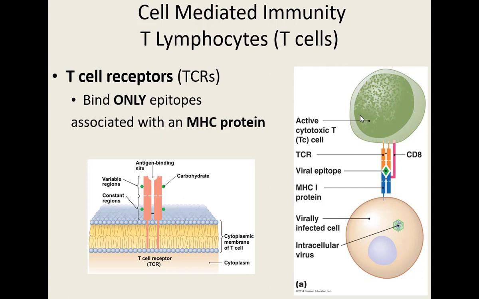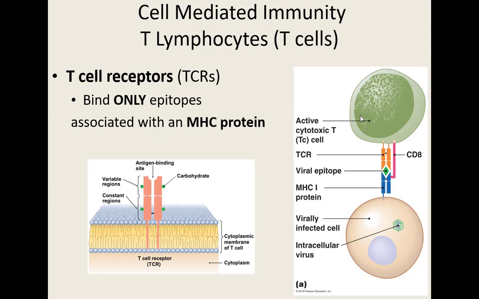Some of that green part of the virus is presented on the outside. So a T cell can't actually see the virus. The only reason it knows that a virus is there is that the cell that's infected is showing that it's infected, and the T cell has to be able to recognize it. It can't see inside of it. It has to be shown that it's there.